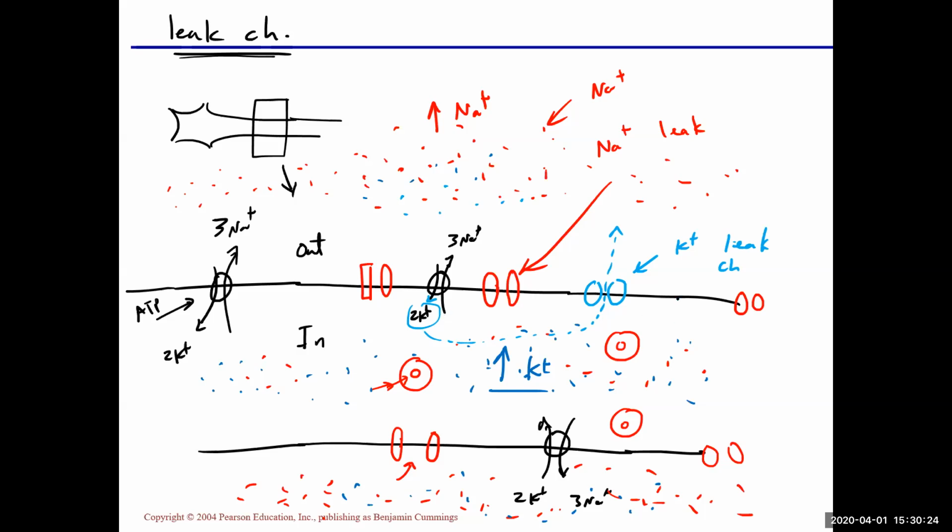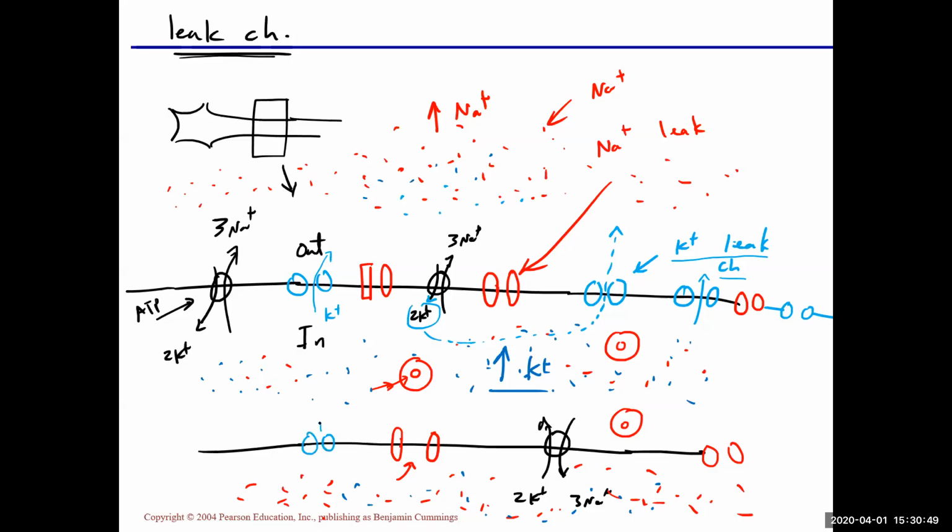Now, before we put sodium, there are actually more potassium leak channels. So right now I'm putting less, so it would be a good idea to put in more of these leak channels. Leak channels are always open, so potassium can leave.